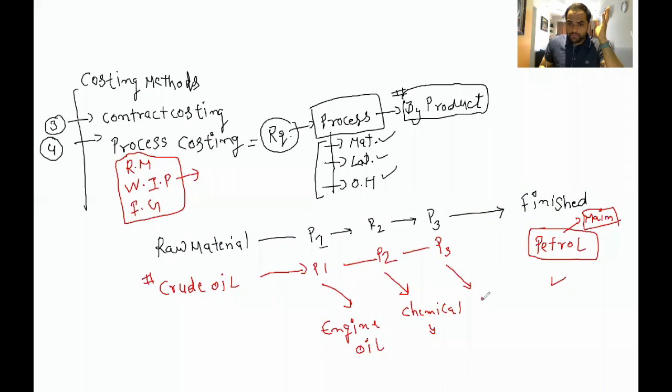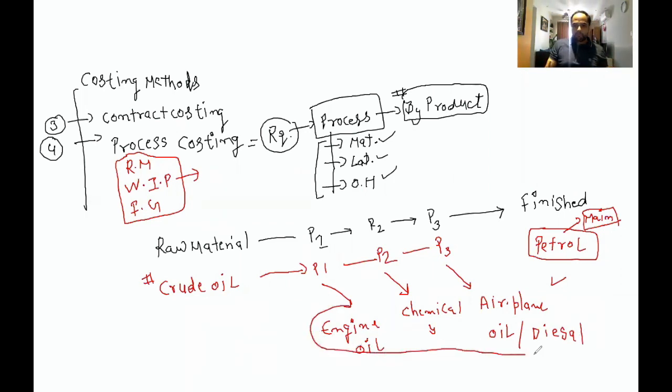Or maybe airplane oil or diesel, right? So these are the products that automatically come out. So we use raw material, and automatically the product is coming out. Even though you don't make an effort, it's automatically part of the process, because you are processing, all right?